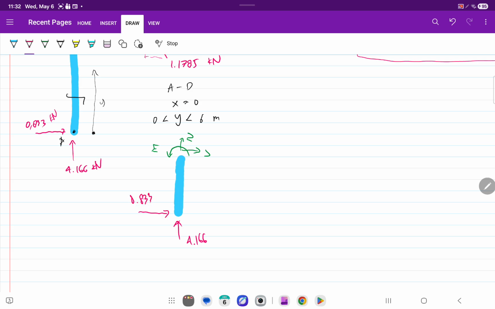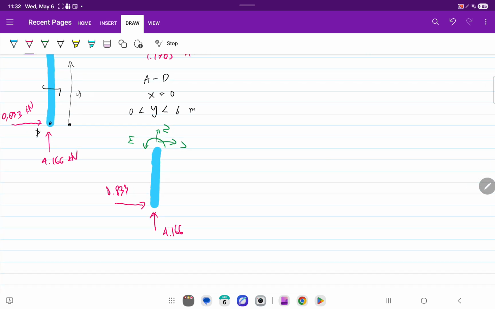That's it, right? And then using sigma Fx equals 0. Which one is your x? The V positive plus 0.833 equals 0.